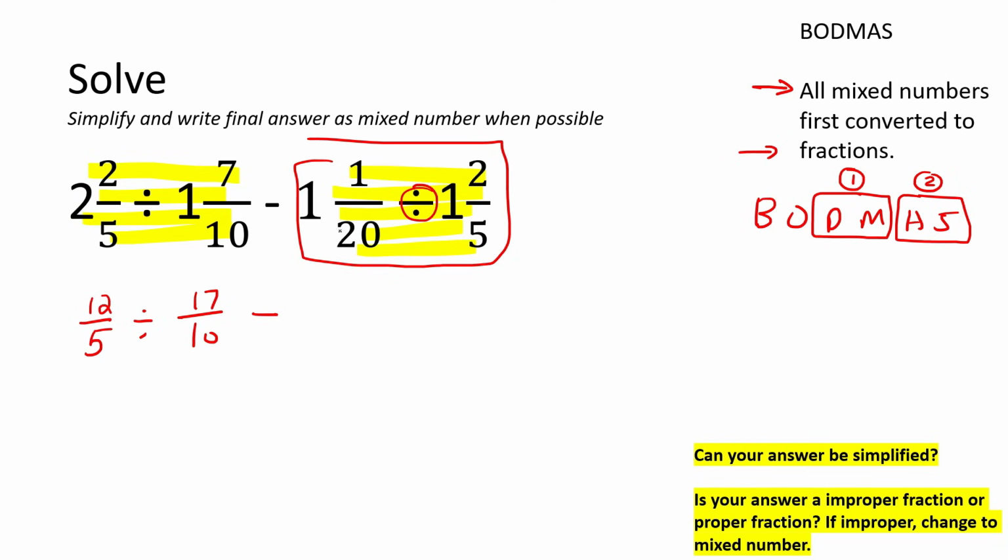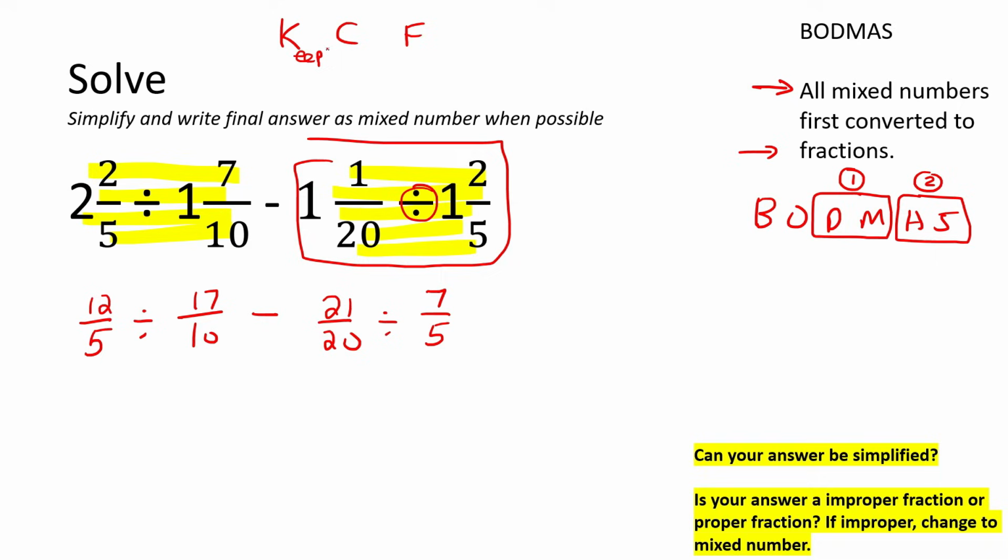Then for this part, you're going to say 1 multiplied by 20 plus 1 is 21. And then here you're going to say 1 multiplied by 5 plus 2 will give you 7. Now, we know that when you divide fractions, we like to think of KCF.